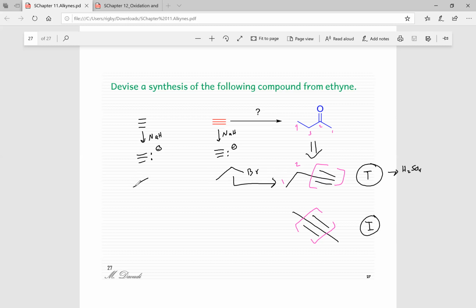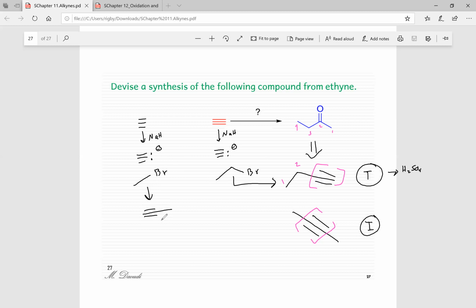So we're going to start with a methyl group. It's going to add on to that acetylide ion, and then we end up with one side of our internal alkyne, and then we have to make it into another acetylide ion in order to do another SN2 reaction with another methyl bromide, and then we end up with our internal alkyne.